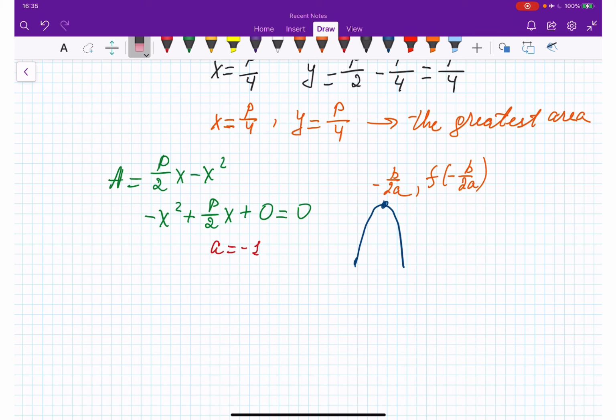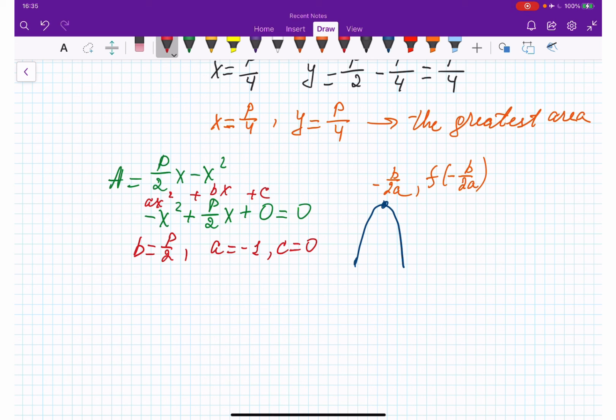Let me write properly: b is equal to P over 2, a is equal to negative 1, c is equal to 0, in ax squared plus bx plus c.